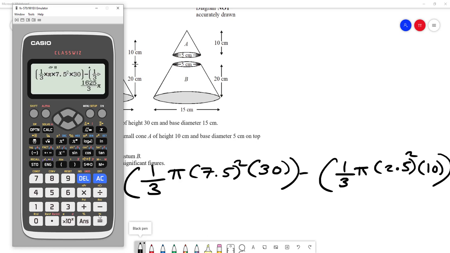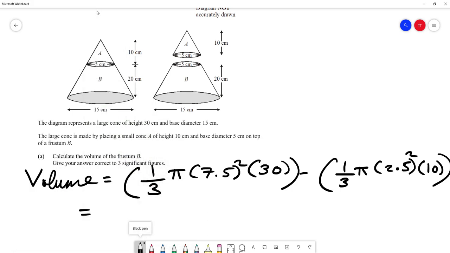And we're going to round our answer to 3 significant figures. So don't forget, this rounded to 3 significant figures is going to be 1700 centimeter cubed.